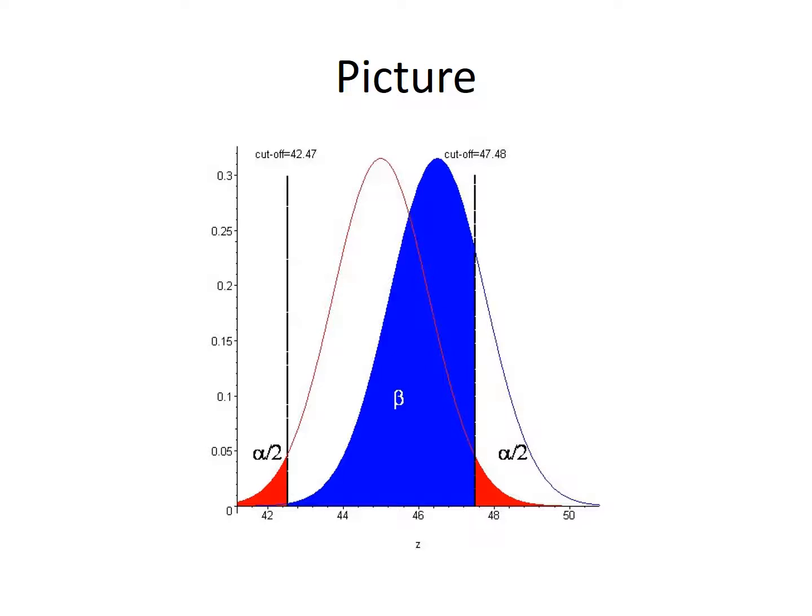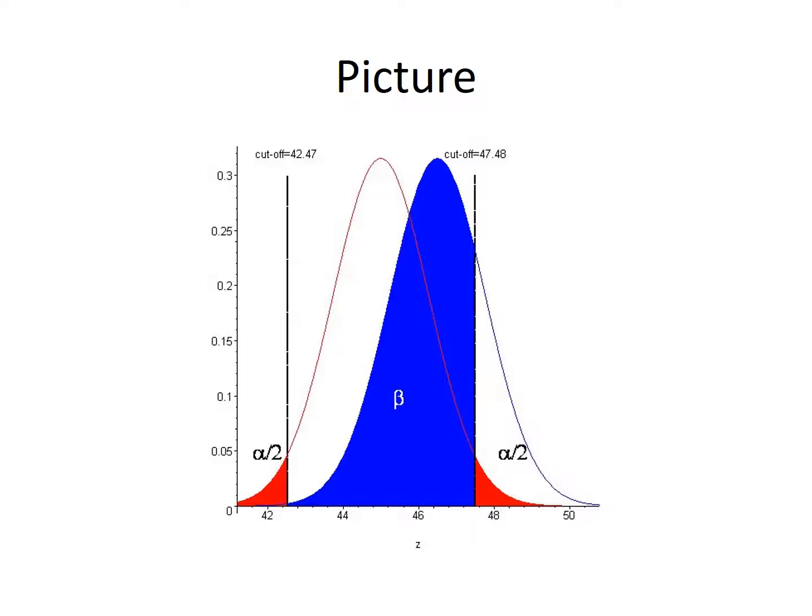The reason why this is the case is because in one of these red regions, this is what we are calling a rare result if the old claim is true. So if we get a sample average that falls in one of these two red regions, then we will reject the claim.